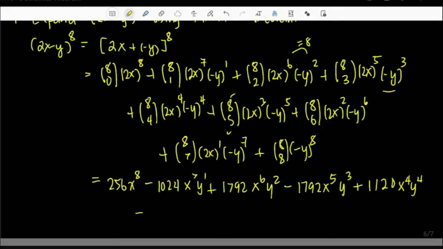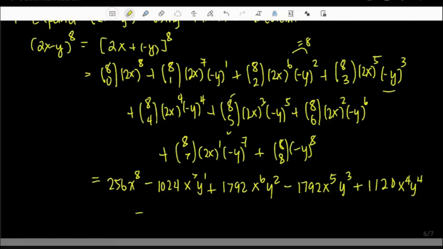minus, so expect that the terms will be alternating in signs. Kasi the factor negative y is being raised to 1, 2, 3, 4. So the negative sign contributes an alternating signs for coefficient.